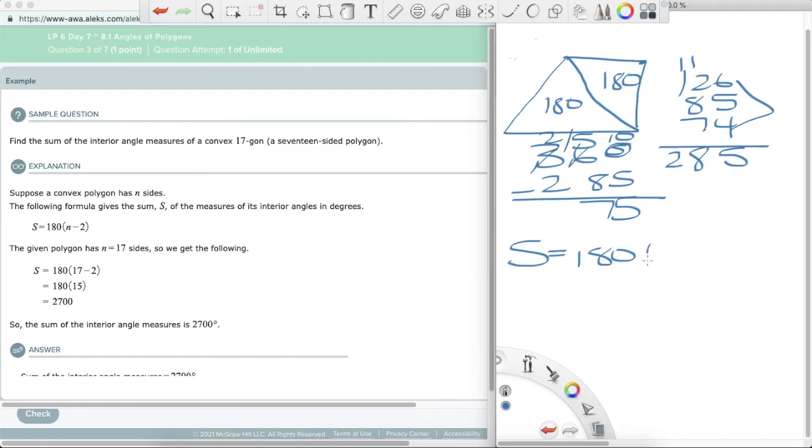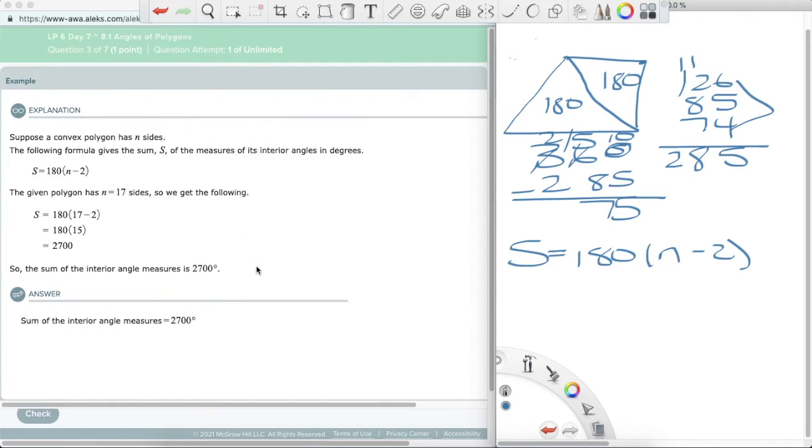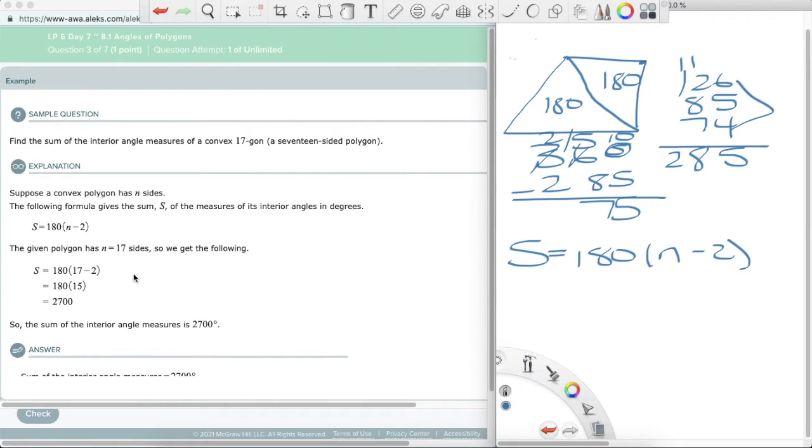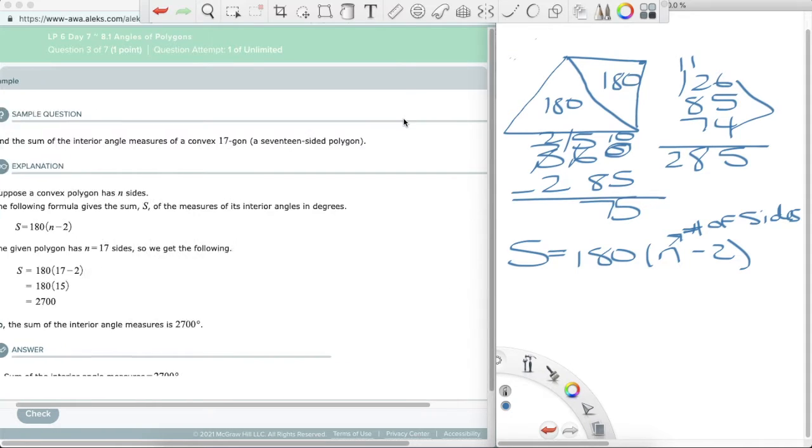This formula allows us to calculate the sum of the interior angle measures for a figure with a certain number of sides. If it says it's a 17-gon, that means it's 17-sided. The n stands for the number of sides, and S is just the sum.